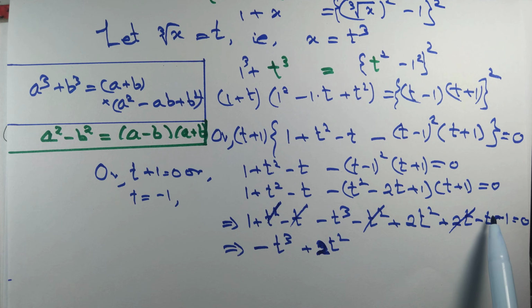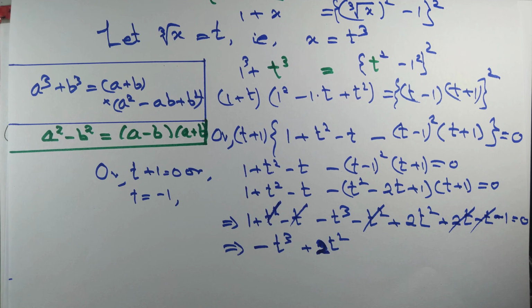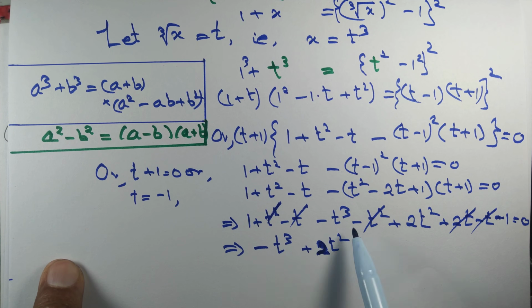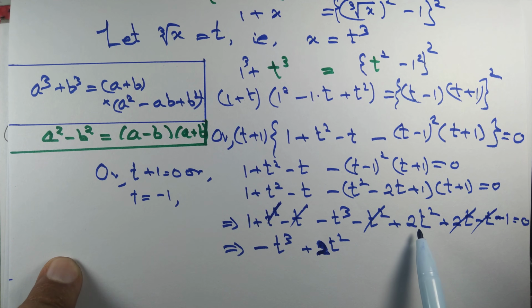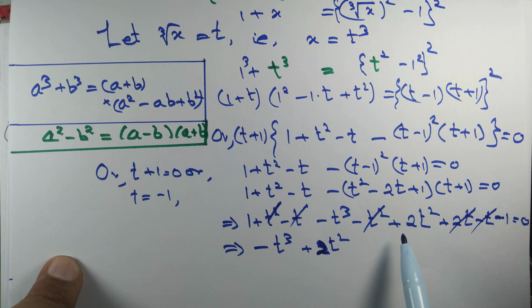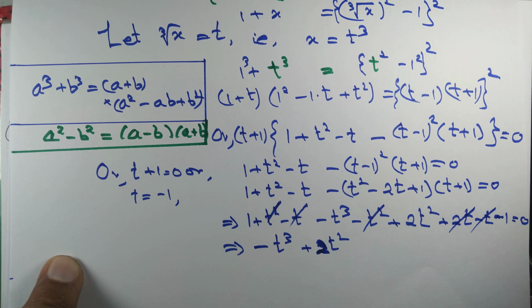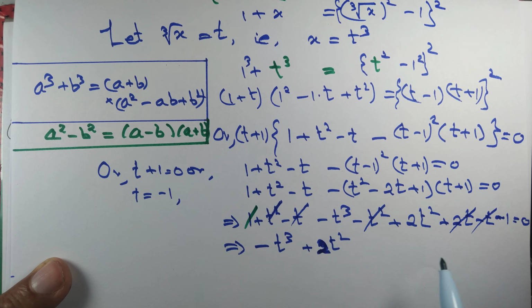So t cube minus t cube, t square 2, yes, 2 number of t square only. Then 1 and minus 1 get cancelled. Oh, so lucky. 1 and minus 1 get cancelled.